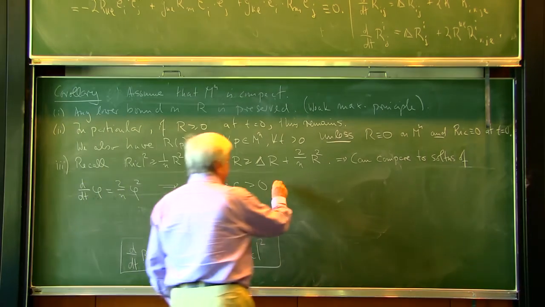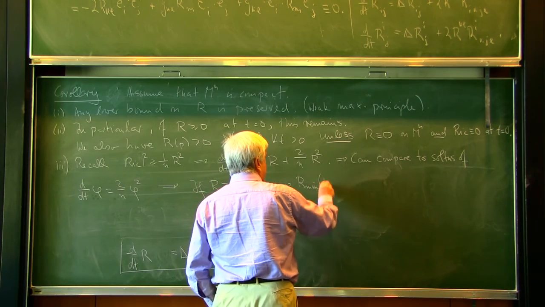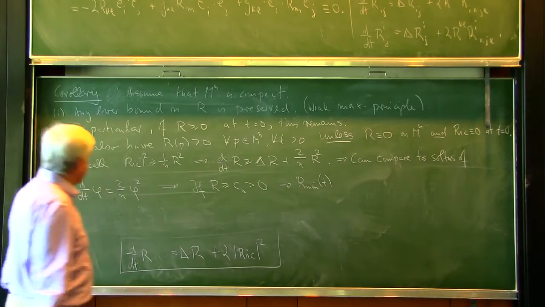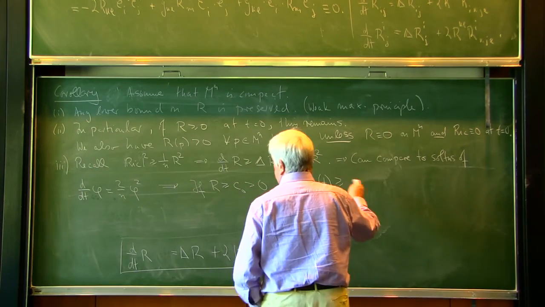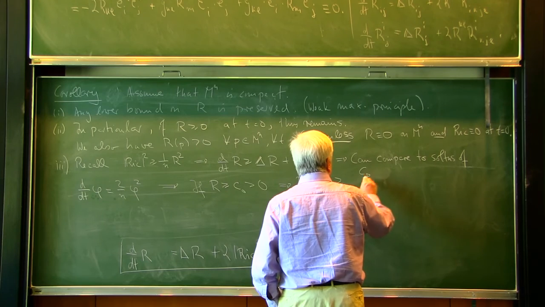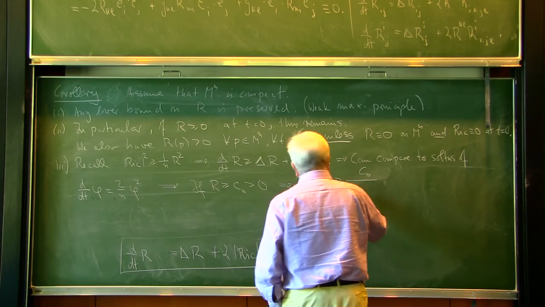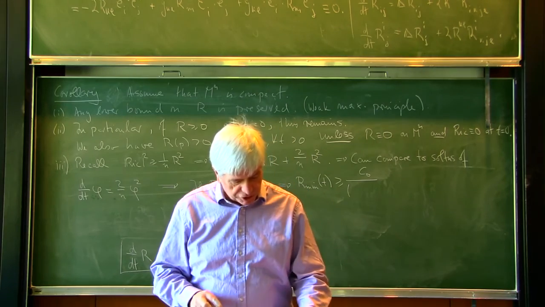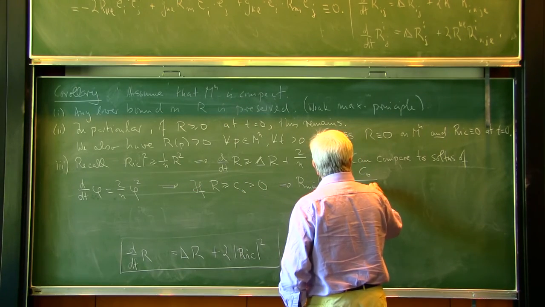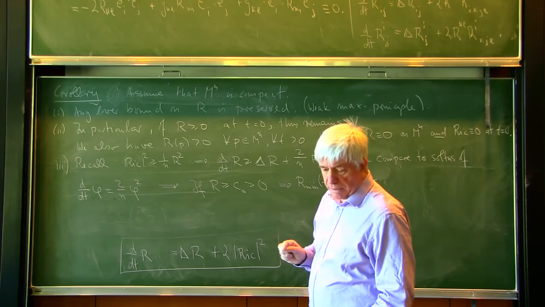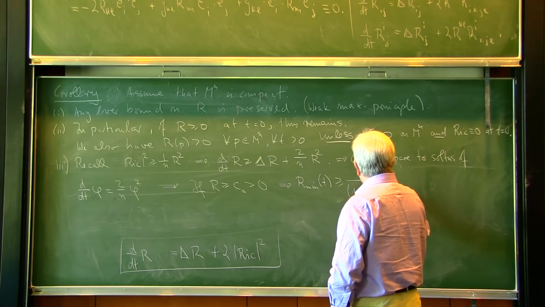And therefore the minimum of the scalar curvature at time t has to be bigger than the solution of this ODE, and this happens to be C0 divided by, now I have to check the constants, 1 minus 2 C0 over n times t.